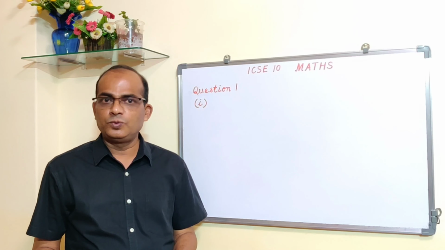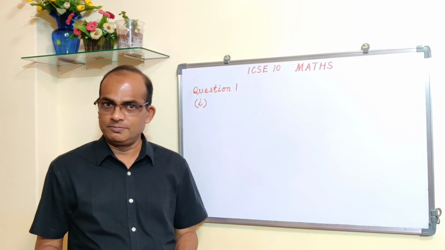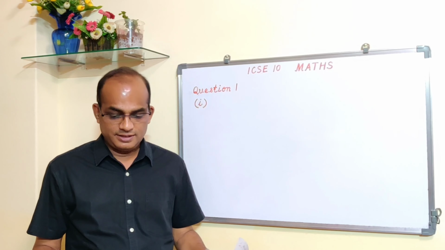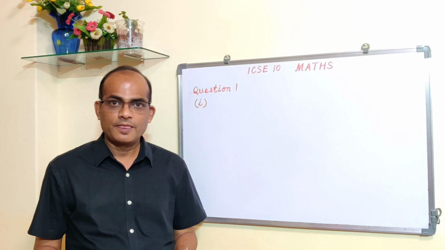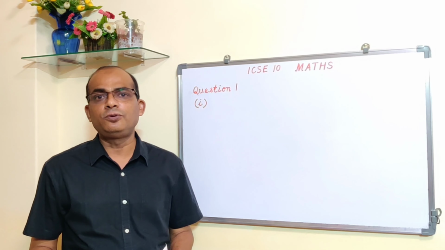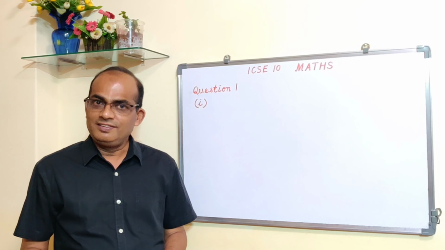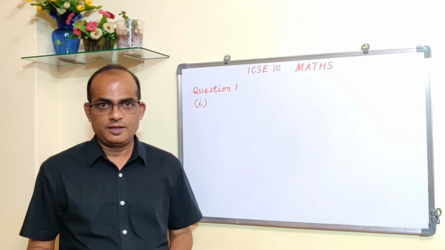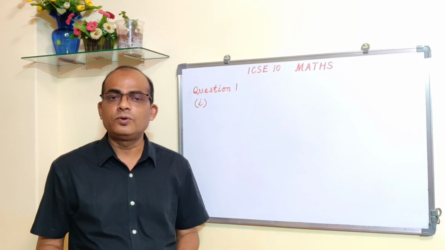There are two sections. Section A, 40 marks, compulsory. Section B, 40 marks. There are 7 questions and any 4 questions are to be attempted. In Section A there are 3 questions. Question number 1 is for 15 marks, MCQ.